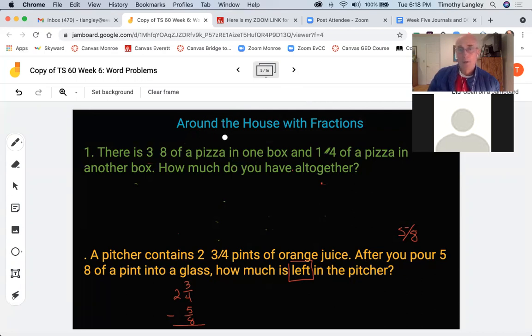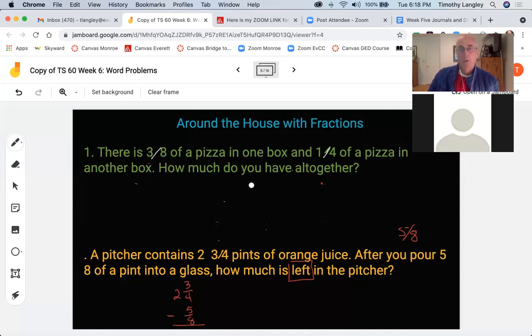All right, these are called around the house fractions, okay? There's 3/8 of a pizza in one box. So, I'm just going to put a little line here so it's a little bit clearer. 3/8 of a pizza in one box and 1/4 of a pizza in another box. How much do you have altogether? Now, here's what I want you to notice.